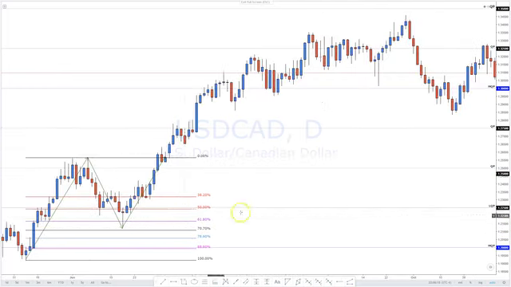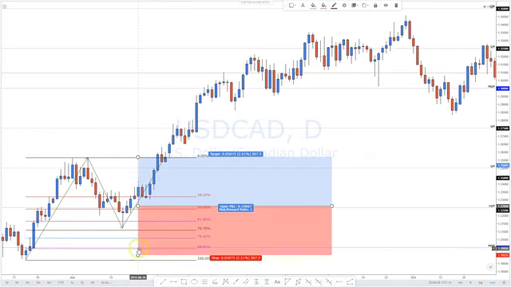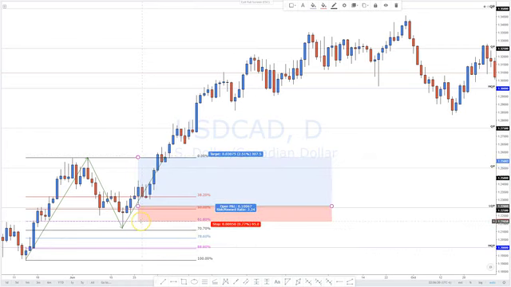And notice that when price closed that reversal pattern above our quarter point at 1.225, that would have been our entry, and our stop loss would be real tight right below, near the low.